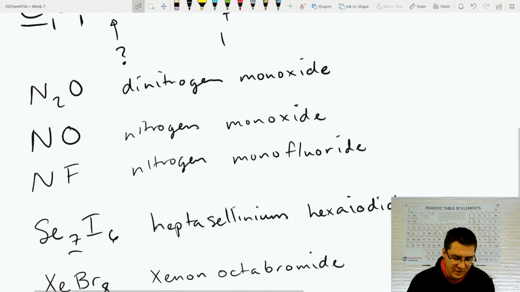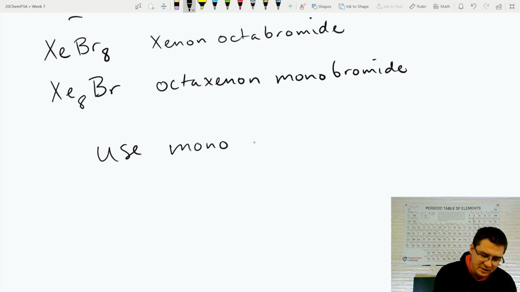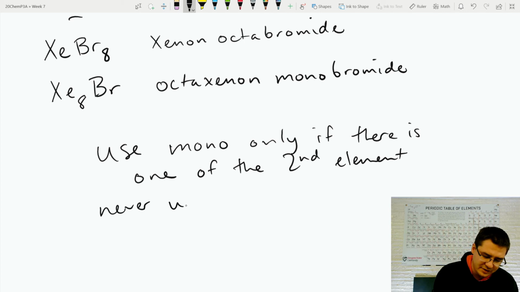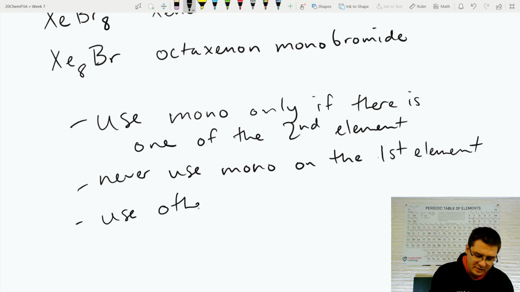Okay, so again, the rules of thumb: use mono only if there is one of the second element. Never use mono on the first. Use other prefixes for both the first and the second element.